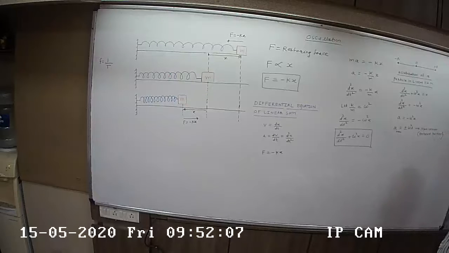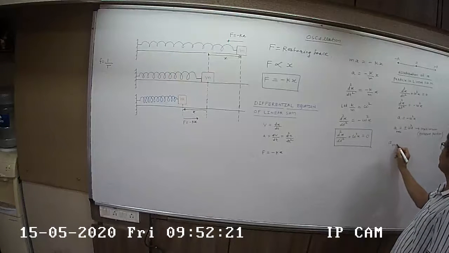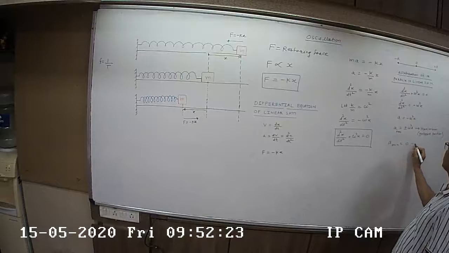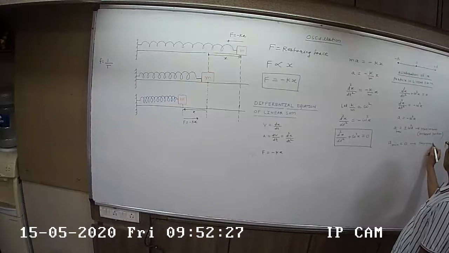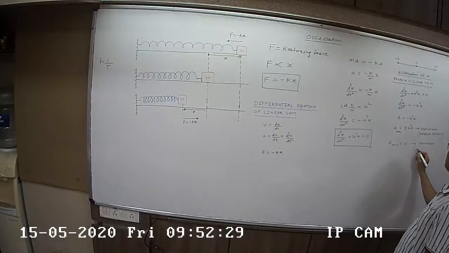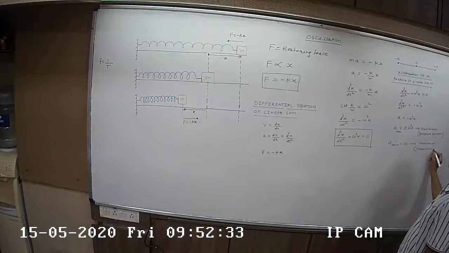You all can see this. देखो. और minimum value, जब x minimum रहेगा a भी minimum रहेगा, तो that is possible at the mean position. तो a minimum है वो 0 है. This is the minimum value of acceleration, और वो कहां possible है मुझे बताओ? This is possible at the mean position.